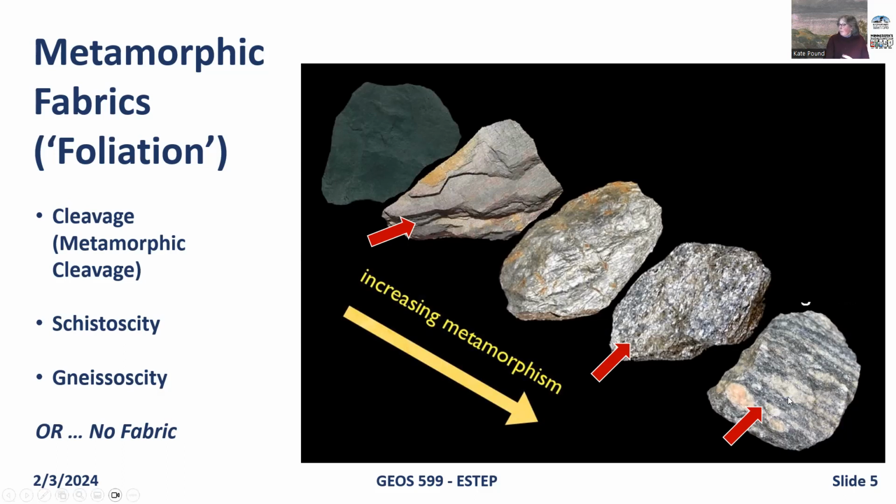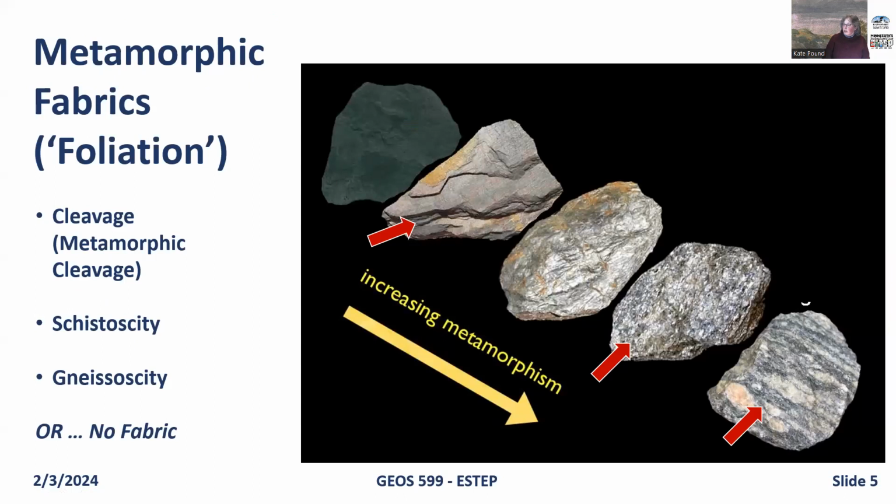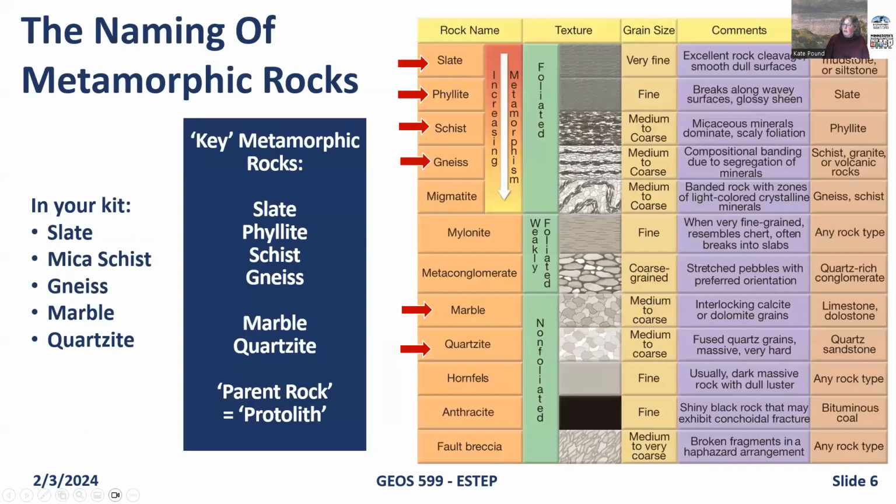Some people use the term mineral segregation because they segregate into light mineral layers and dark mineral layers. Now, hang on. I'm going to go back a moment. So we've talked generally about fabrics here. Just these fabrics exist. Now, don't panic.